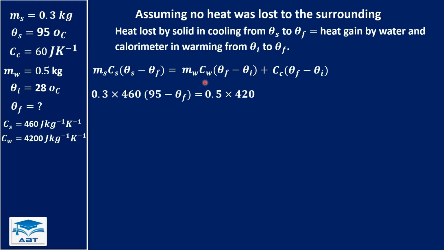And for the water, the mass is 0.5. The specific heat capacity is also known. The initial temperature is known, but the final temperature is still unknown. And for the calorimeter, the heat capacity is 60. We don't know the final temperature of the mixture, but we know the initial temperature.